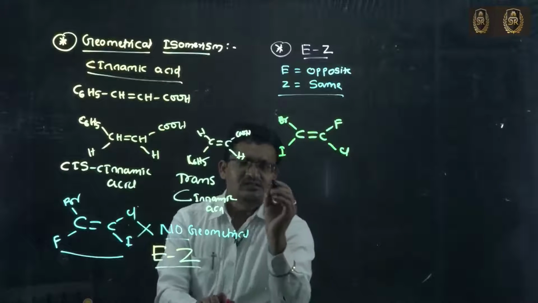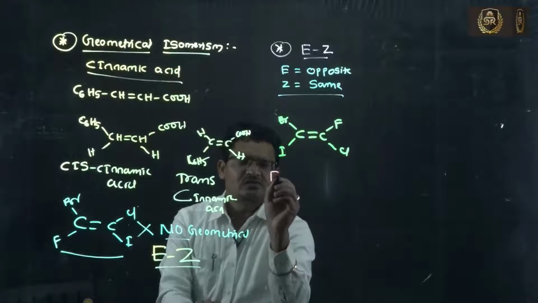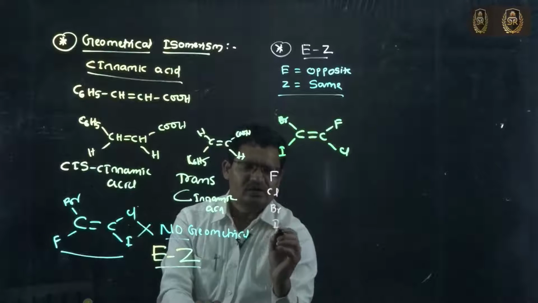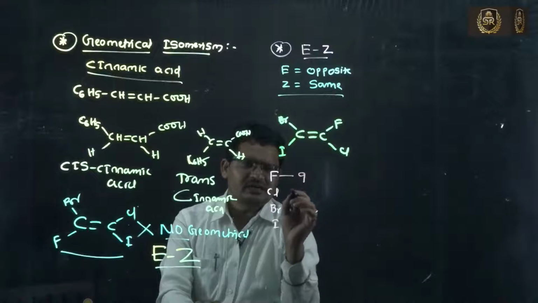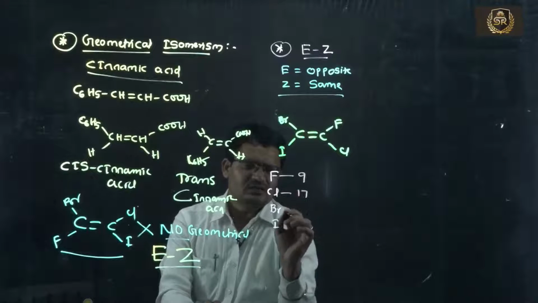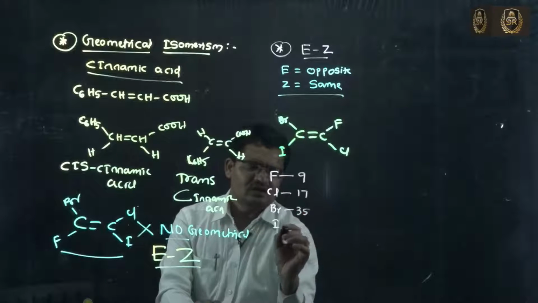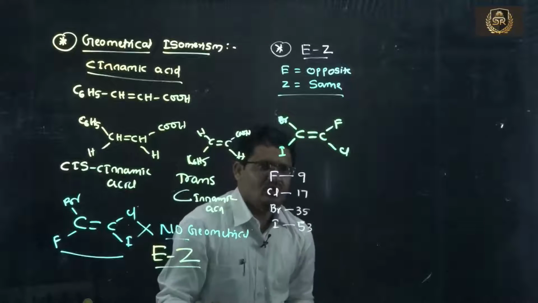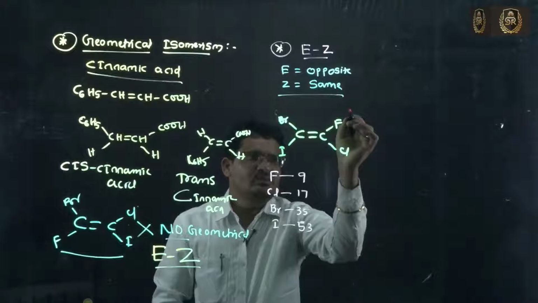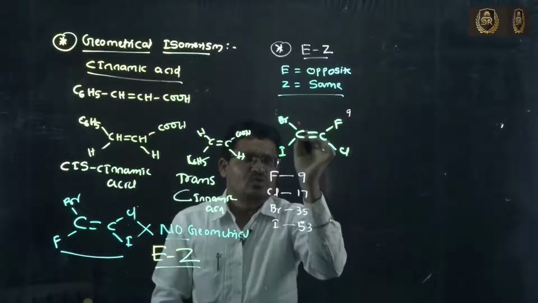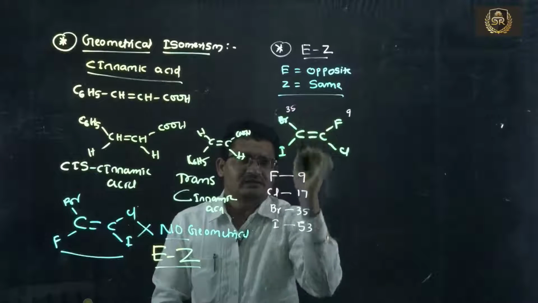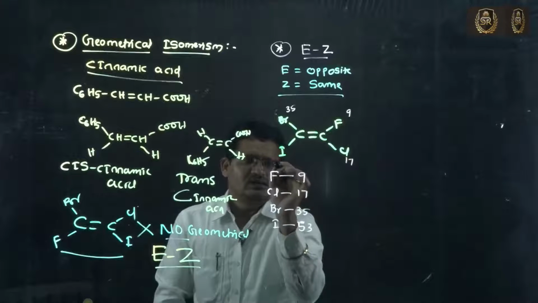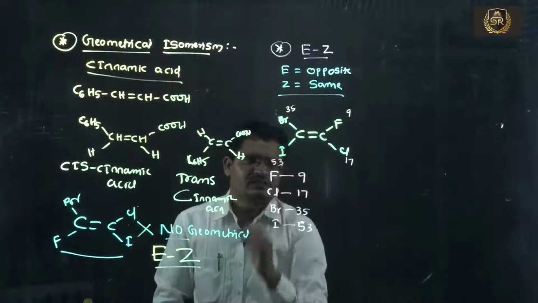You have to remember the atomic numbers: fluorine is 9, chlorine 17, bromine 35, iodine 53.